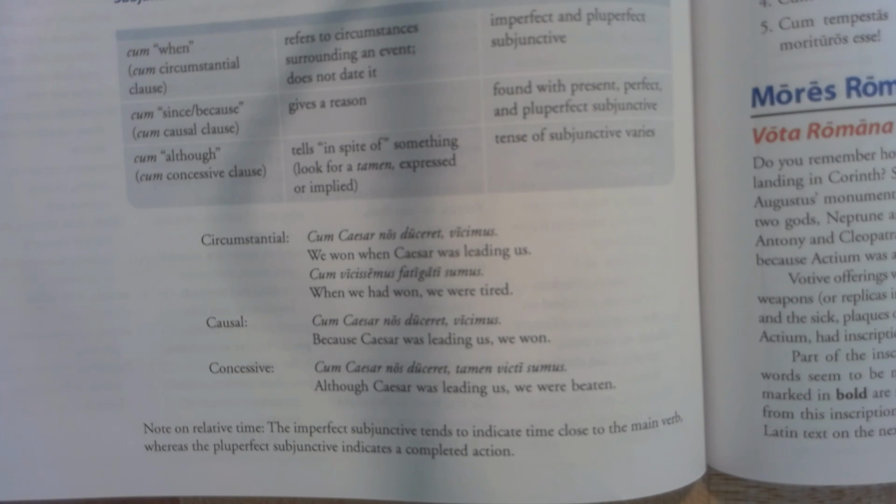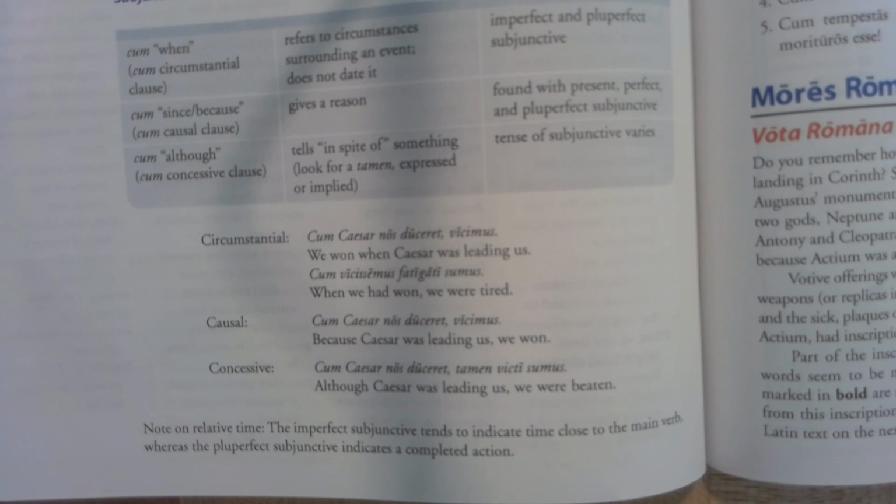Okay, concessive. Now, this is the one where you concede a point. You give up a little ground to concede a point. Concession, concessive, concede, those words all go together. Cum Caesar nos duceret tamen victissimus. Although Caesar was leading us, we were beaten. So the tamen is something like nevertheless.